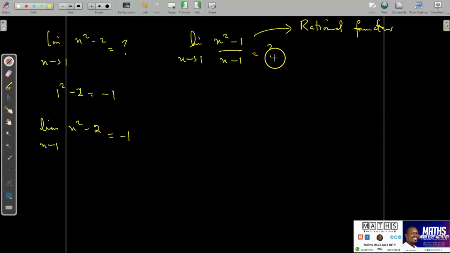So how would you determine that the rational function will have an undefined number? The undefined number will be taken from the denominator. So in other words, what number, when we substitute into this function, will make it undefined?